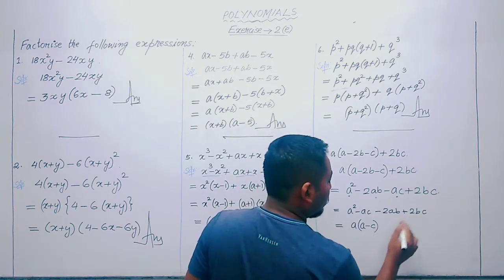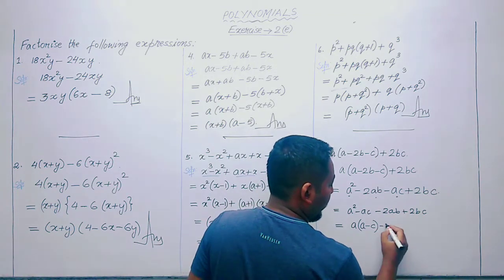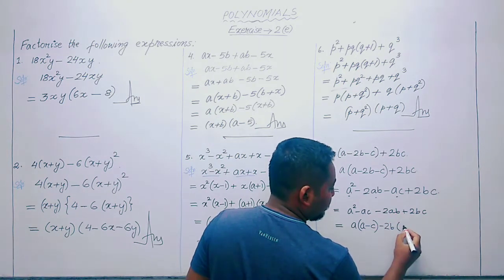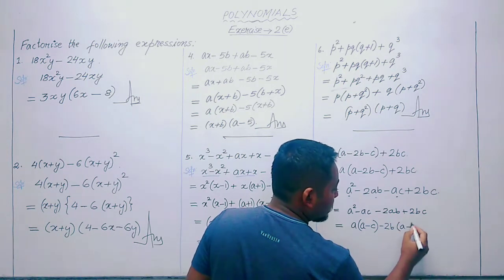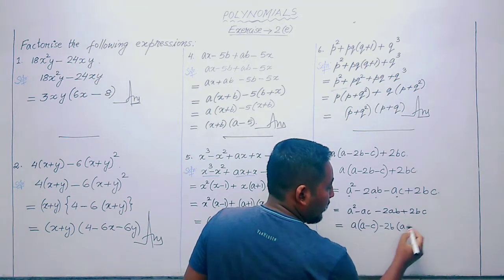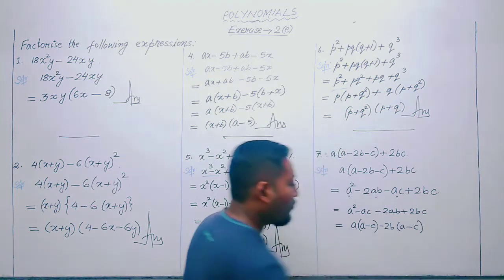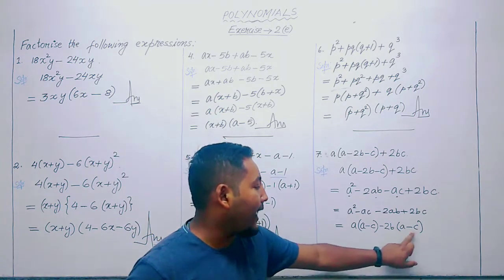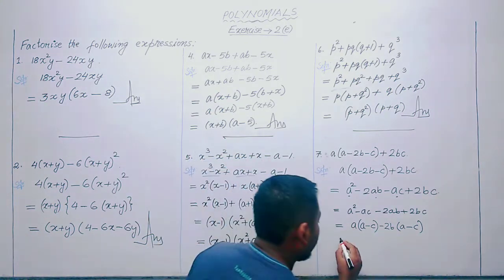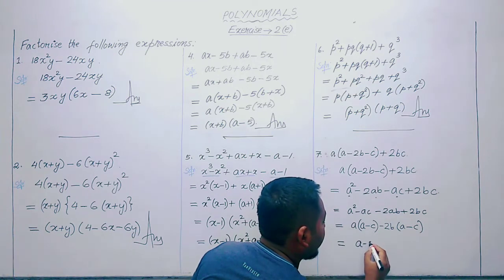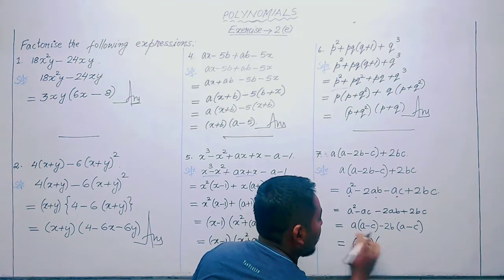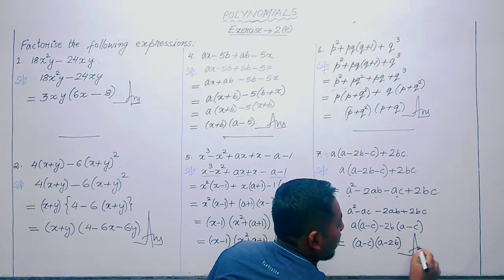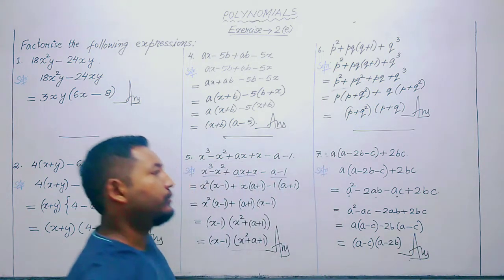Now from these two terms, what is common? 2, write down 2. B, write down B. Now what is left? A minus into minus will give you plus. 2b is outside, what is left? C. Now we have a minus c, again common. So take it out. A minus c, what is left? A minus 2b. So this is our required answer.